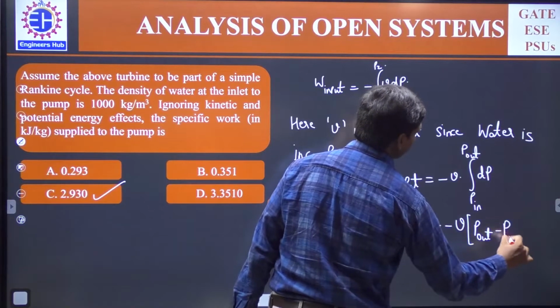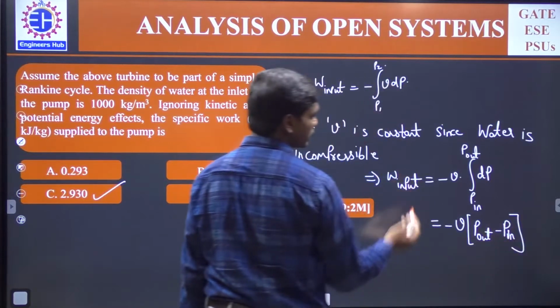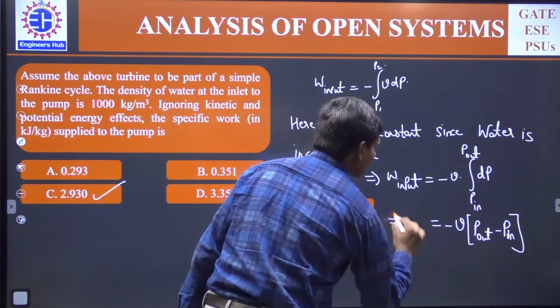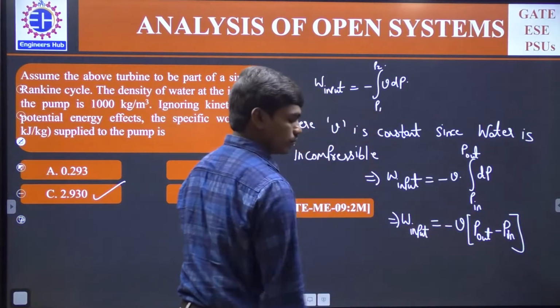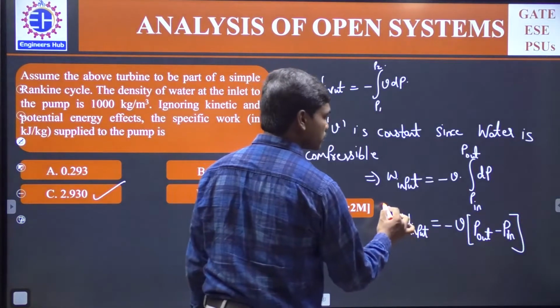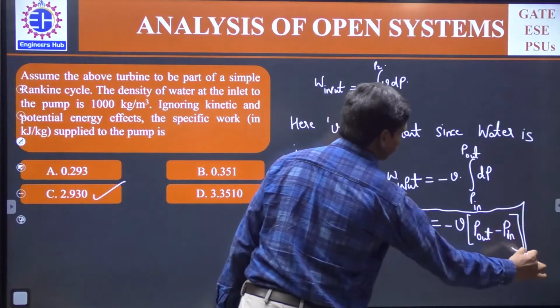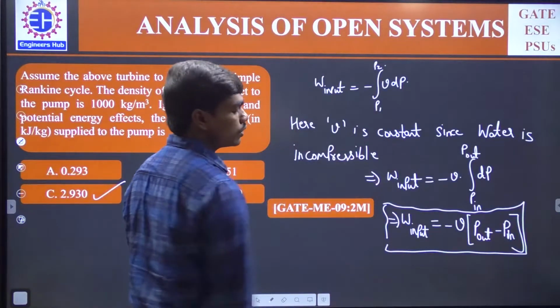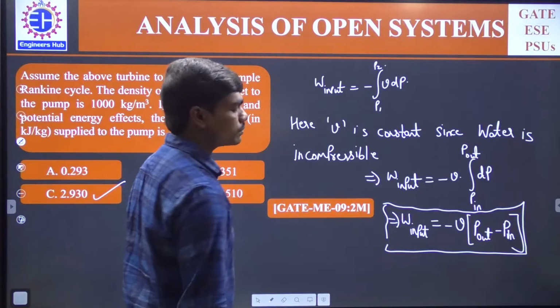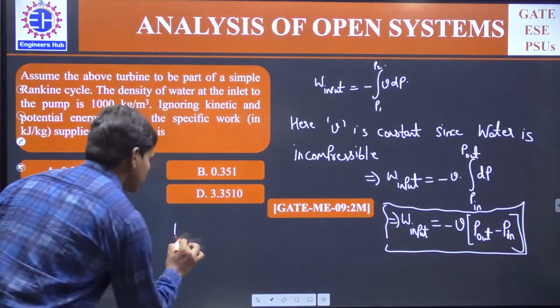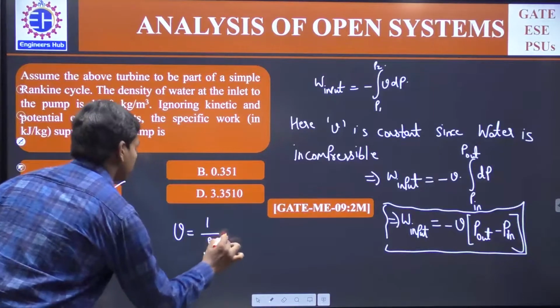Since we are writing work input, we can eliminate the minus sign there. For this calculation I have given the values in the first slide. V is 10 power minus 3 because specific volume is nothing but 1 by density.